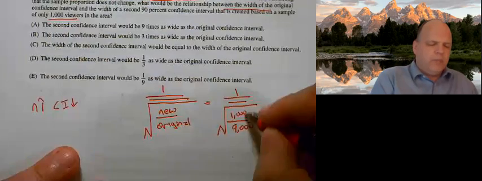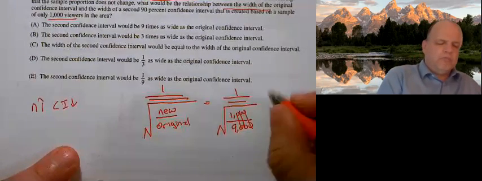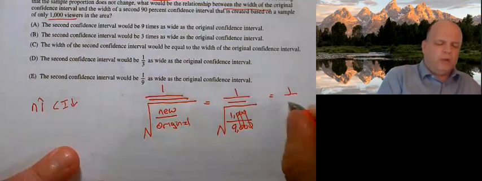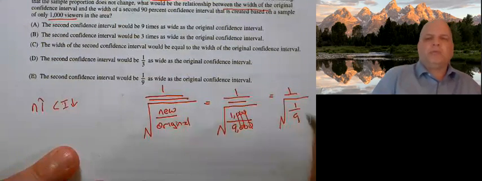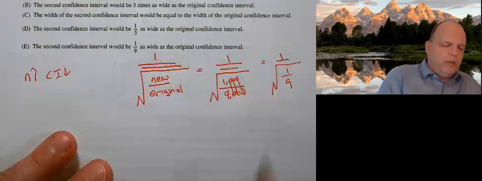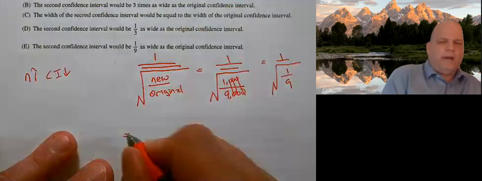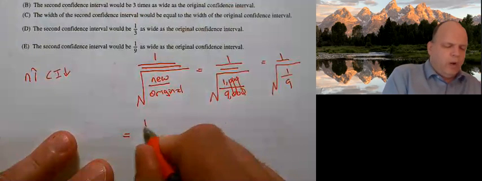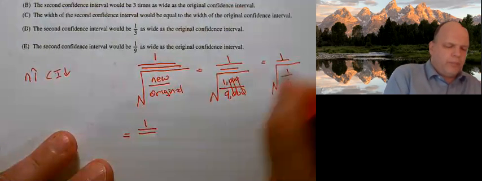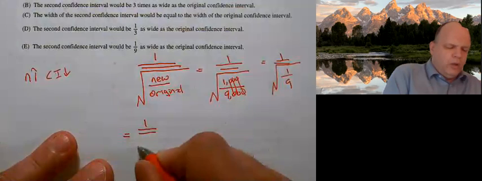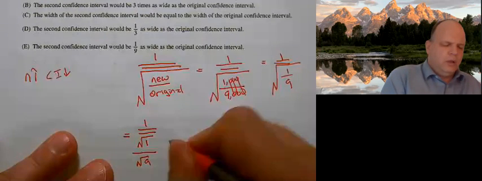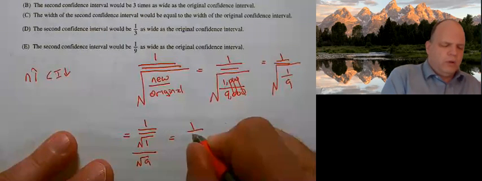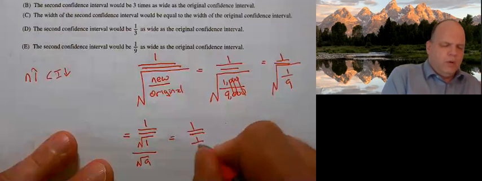Now, real nicely, that simplifies to 1 over that. Now, I can use a little bit more about what I know because it'll make my life easier if I do. That's going to be 1 over the square root of 1 over the square root of 9, which is 1 over 1/3.